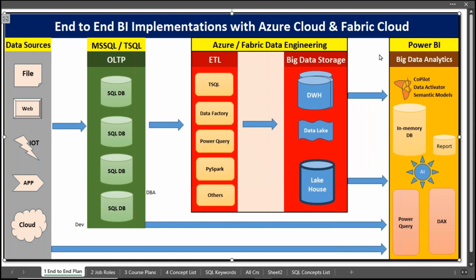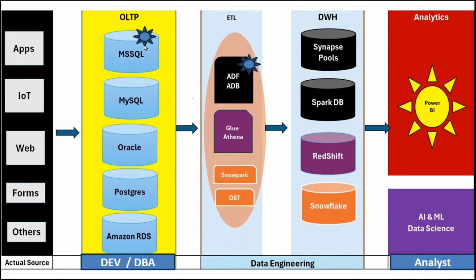Microsoft SQL Server has the advantage of supporting this entire end-to-end BI implementation. Very cheap and very user friendly. From here, just to make our job roles clear, we are here in MS SQL and Data Factory. Now, let's see our job roles.